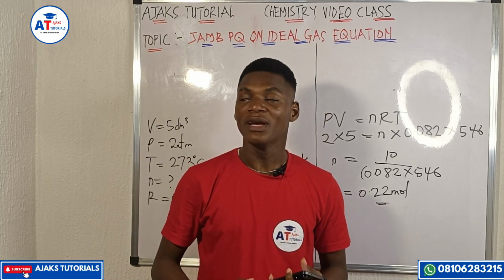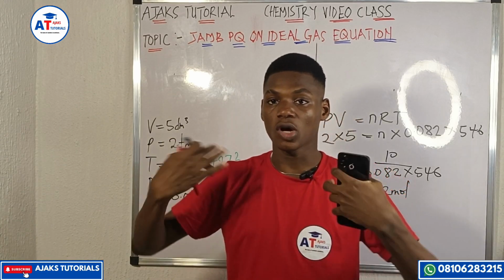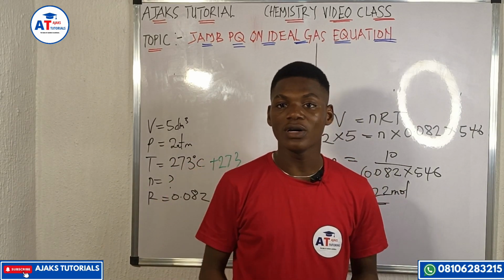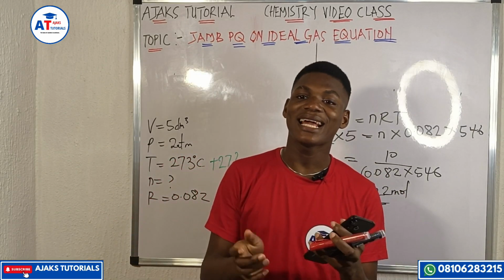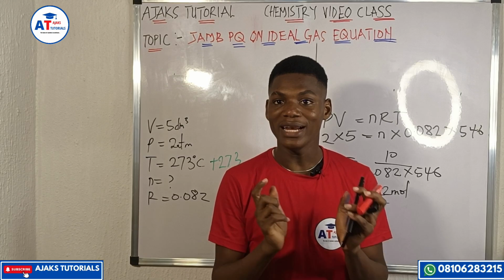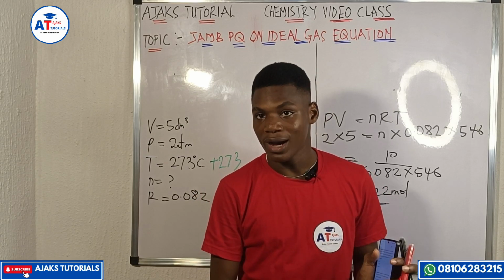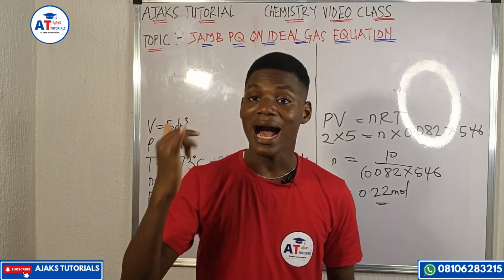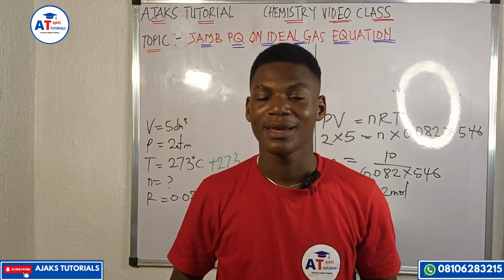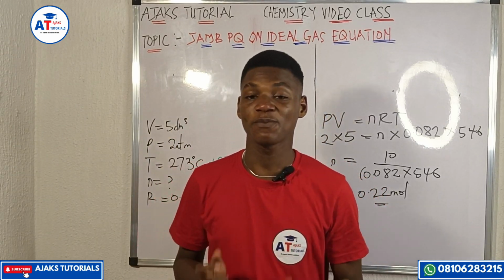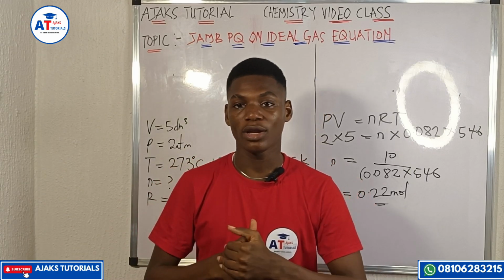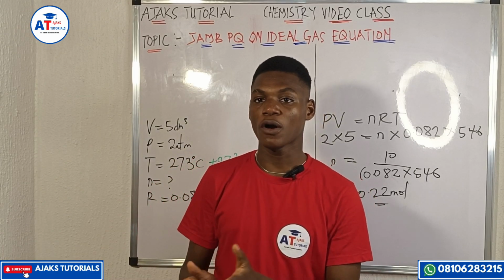Now, let me give you a summary of everything I've explained in today's video. We went through the meaning of ideal gas, and I said a gas is said to be ideal at low pressure and high temperature. A gas deviates from ideality at high pressure and low temperature. The factors responsible for this deviation: number one, high molecular forces, when the forces become appreciable.